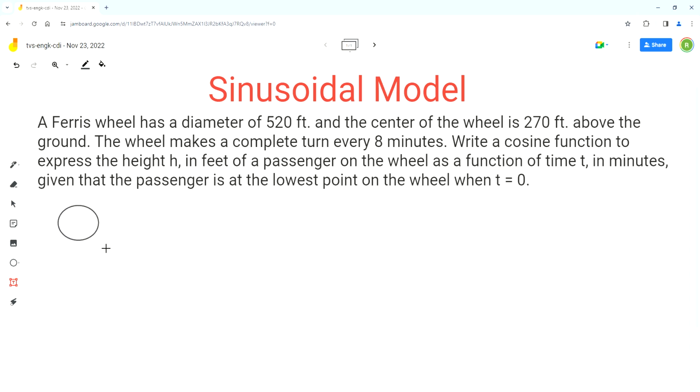So we'll draw a circle, and that's the ground level. Now we are given that the diameter of the wheel is 520 feet. So this distance from here to here is 520 feet, from the lowest point on the wheel to the highest point on the wheel.